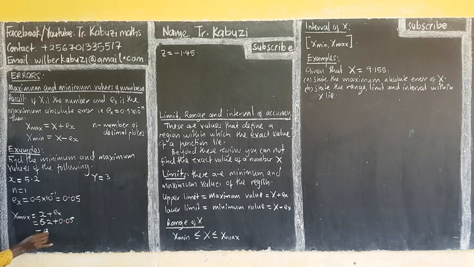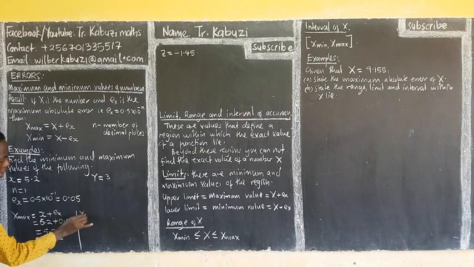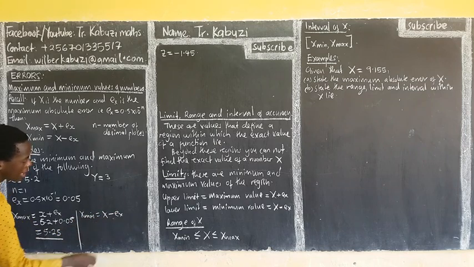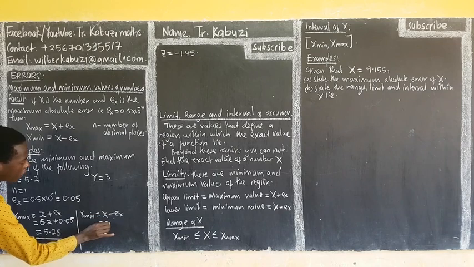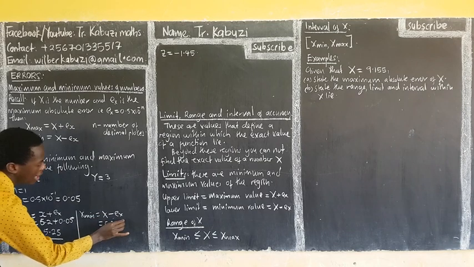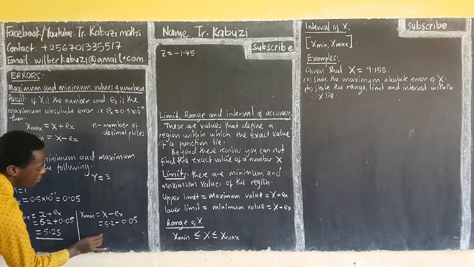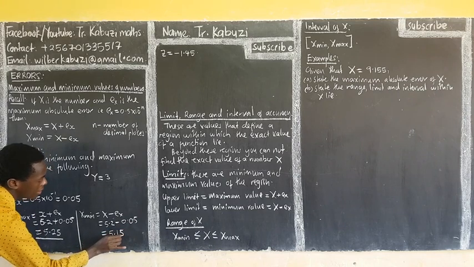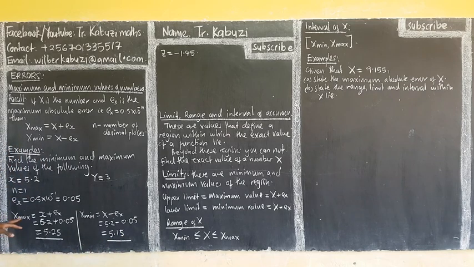This one is giving me 5.25. That is done. When I come to x min, my x min will be given by x minus the maximum possible error, 5.2 minus 0.05, and so this one will give me 5.15. So this one is the maximum, and this is the minimum value.